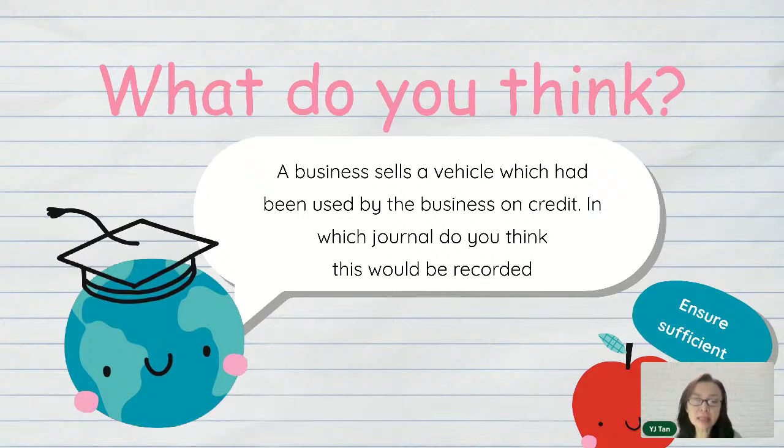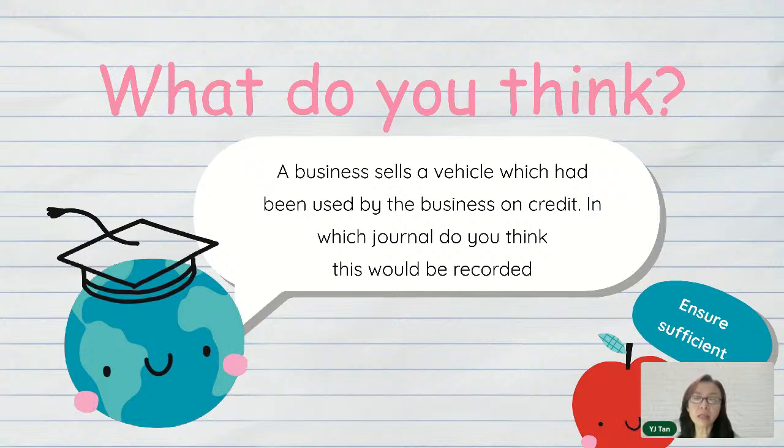And then it says that it's on credit. Credit means that the buyer, the company, agrees that they can pay later. So there is a trade receivable.